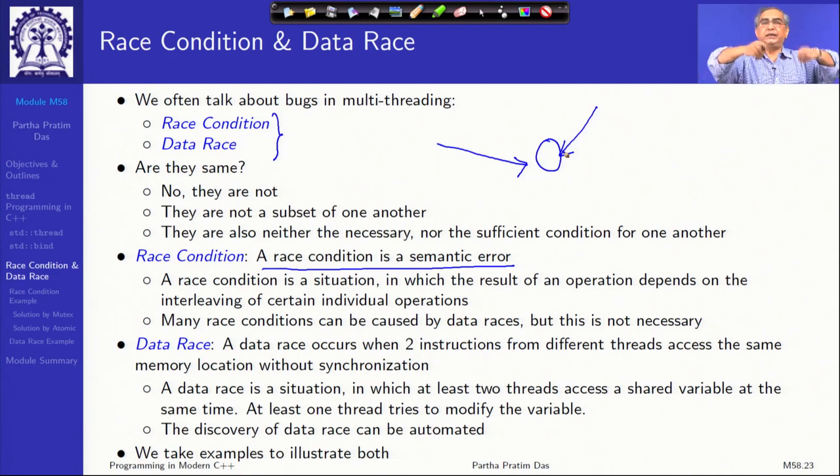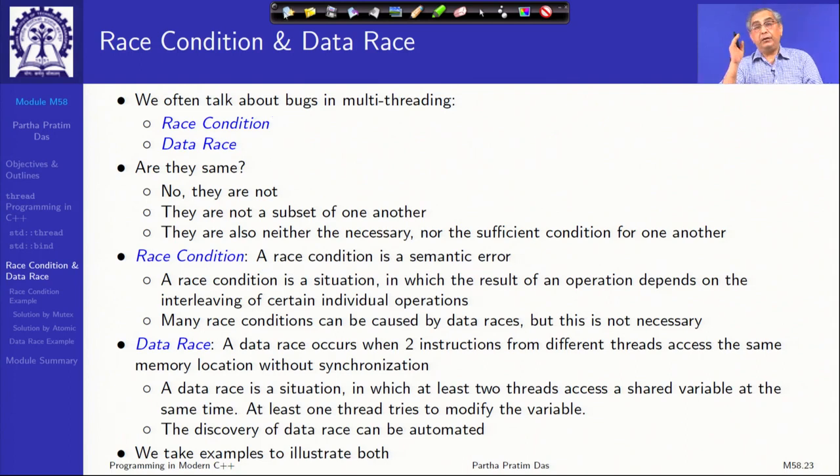If multiple threads read a value, there is no problem, but if two or more threads access it and at least one of them tries to write, others may be reading, then you have a data race. Often a data race leads to a race condition, but a race condition may just happen by itself.